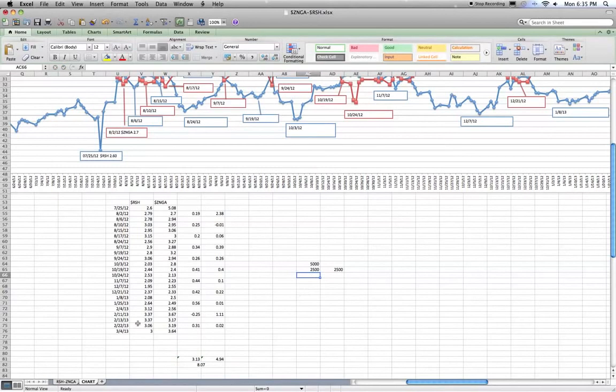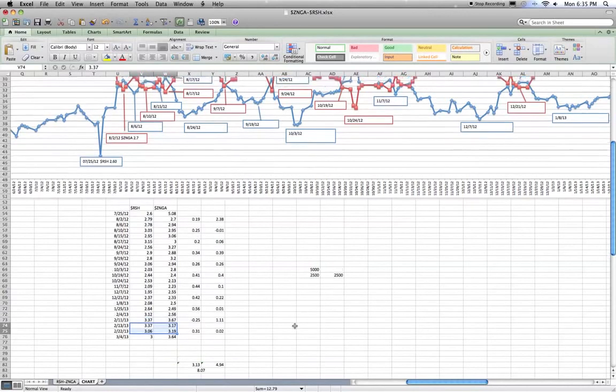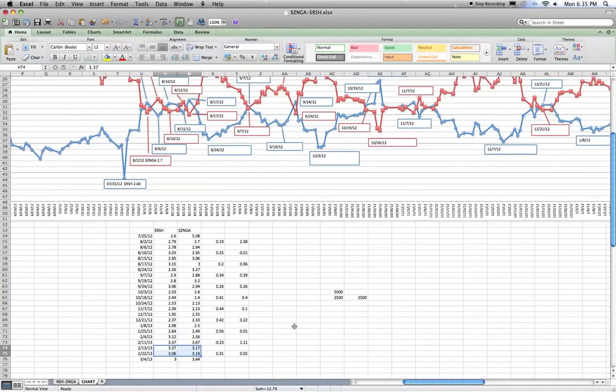So since the prices are relatively the same, you would have relatively the same amount of shares in your account, whether you're buying or shorting. So that's why I like this strategy here.